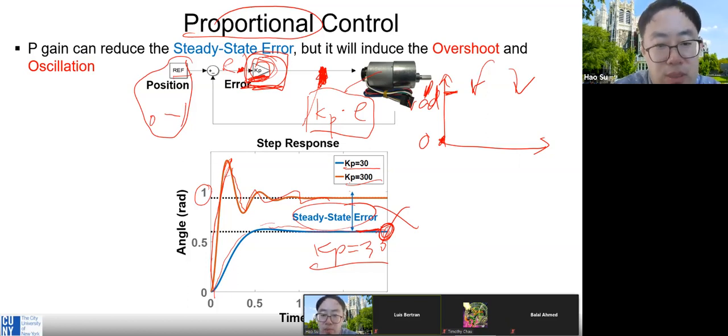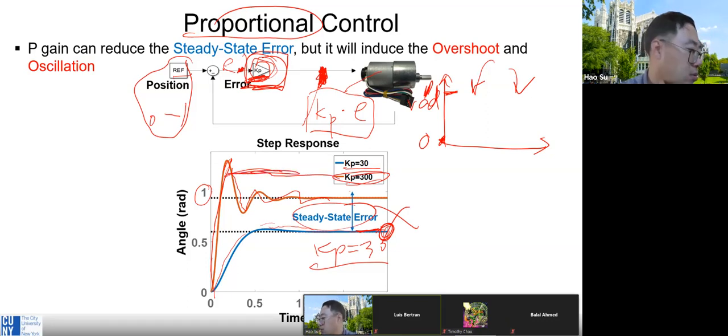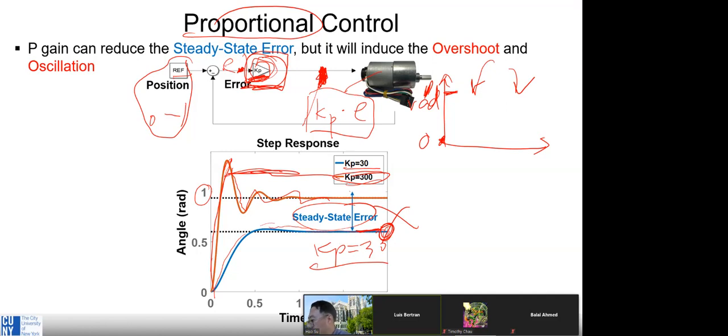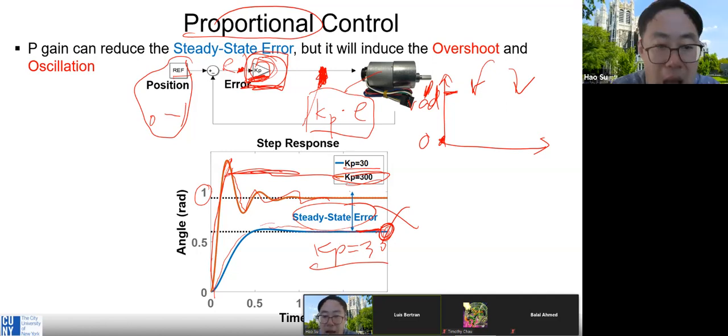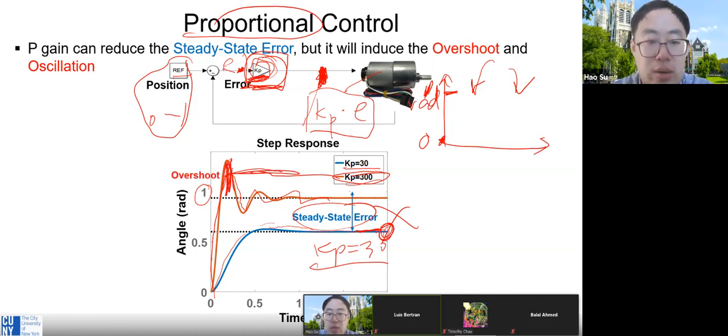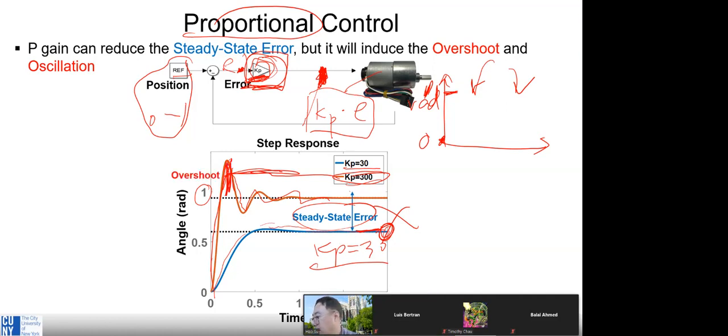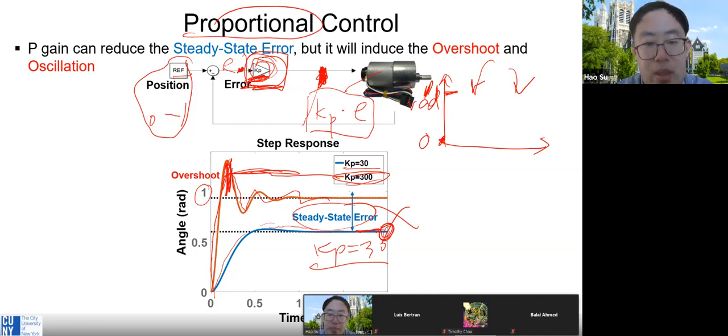What's the problem with this larger one? The error is too large. Yeah, and this is called overshooting, if you still remember from 411. So if it's too small, it cannot reach a number.